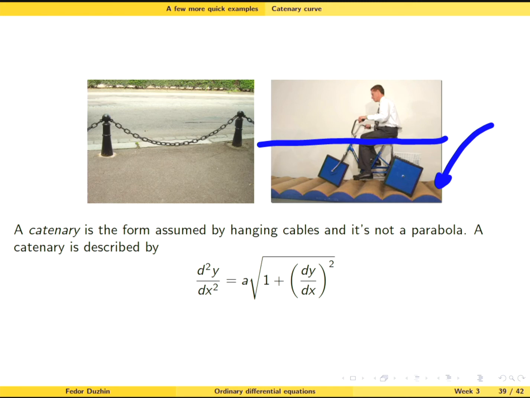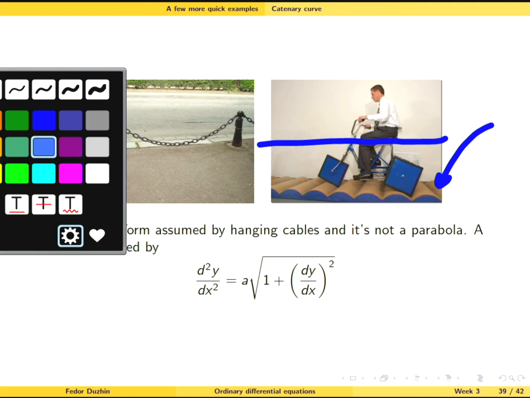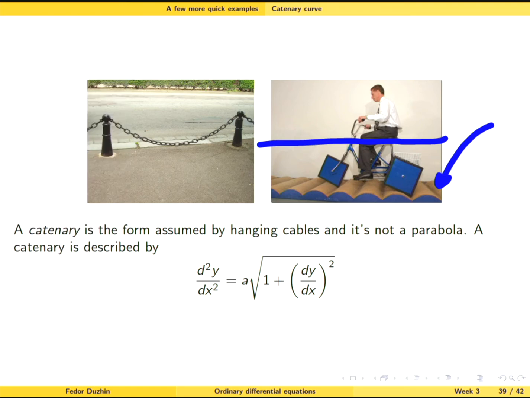Again, note that this is technically a second-order differential equation, but of course you can just introduce a new variable. Note that there is no y explicitly present here, which means you can introduce a new variable, say u.